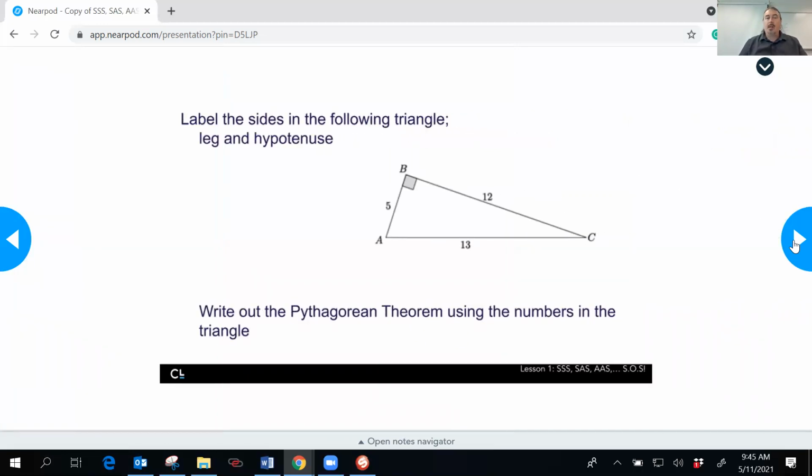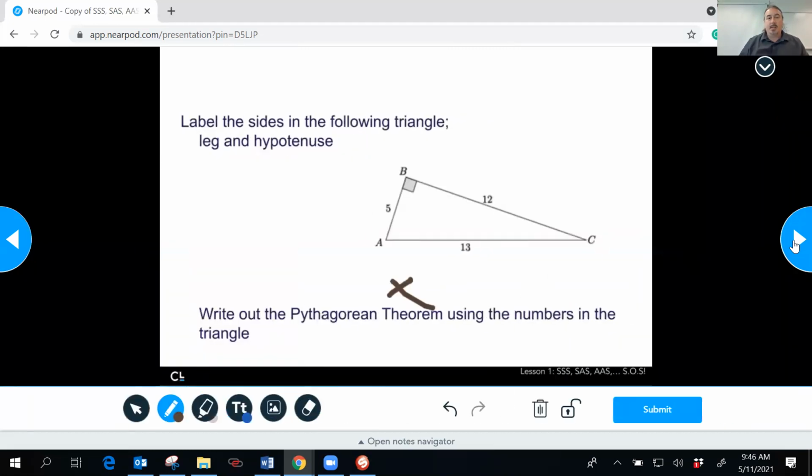So in this next slide, go ahead and label the sides in the following triangle: leg and hypotenuse. Which ones are the legs, which ones are the hypotenuse? And then after that, write out the Pythagorean theorem using the numbers in the triangle. I'm going to give you a little bit of time on this slide.